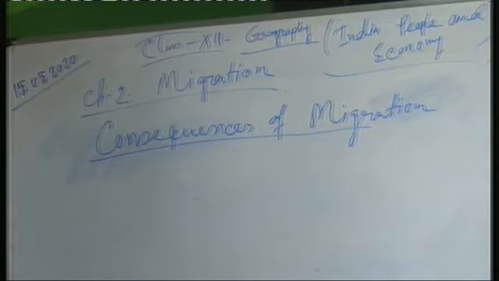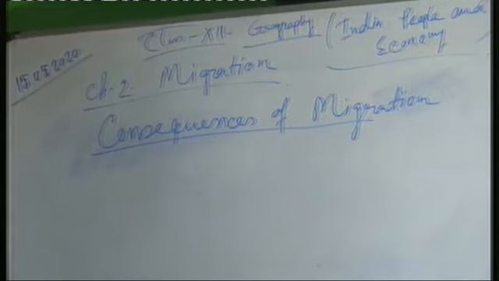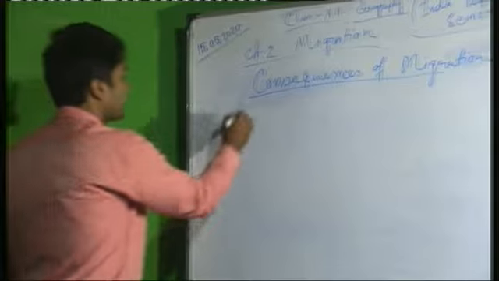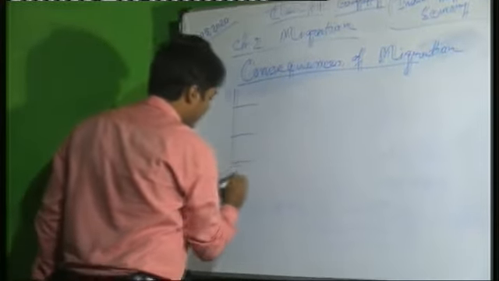Consequences means effect. Cause and effect. The causes I have already disclosed. Now the consequences of migration, that means the effects of migration. What are the different effects?